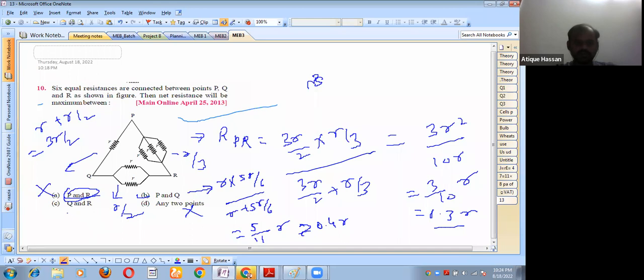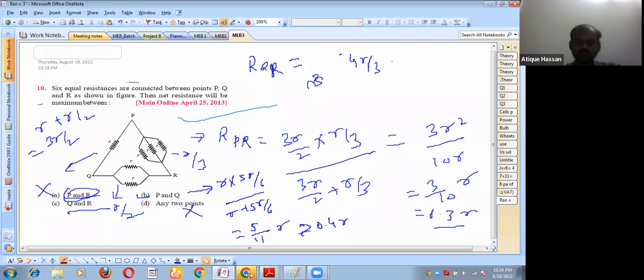Now you have to see between Q and R. If you find it between Q and R, you can find it like this. R plus R by 3 is 4R by 3.